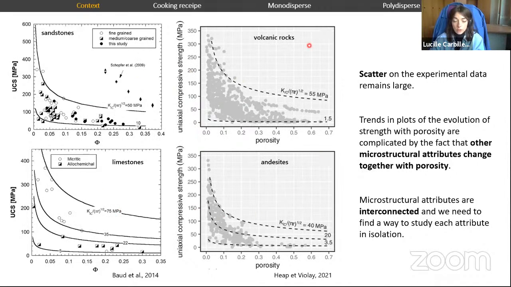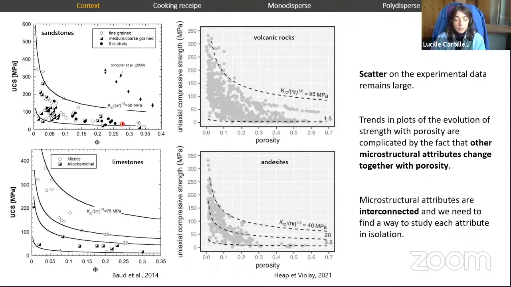within the different rock types, but we also see that the scatter on the compiled experimental data remains quite large. In fact, trends in these plots are complicated by the fact that microstructural parameters other than porosity, such as grain and pore size and shape, their distribution, or maybe a matrix composition, will change very likely together with porosity.